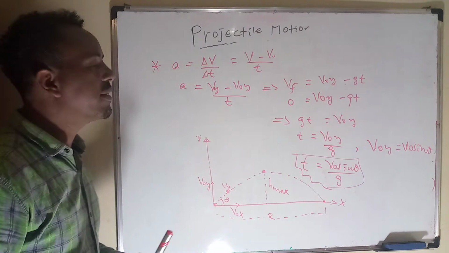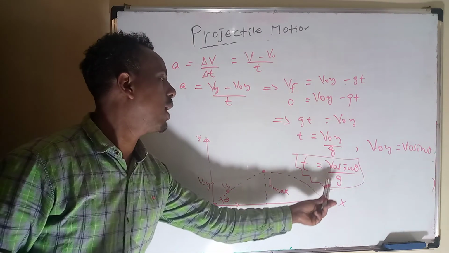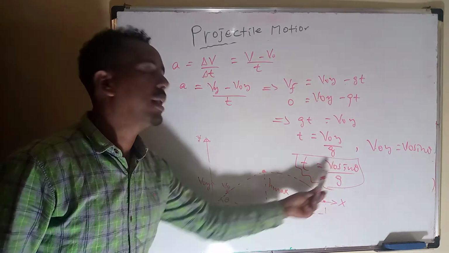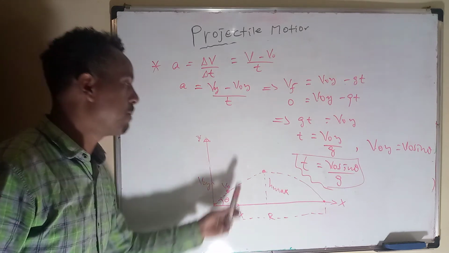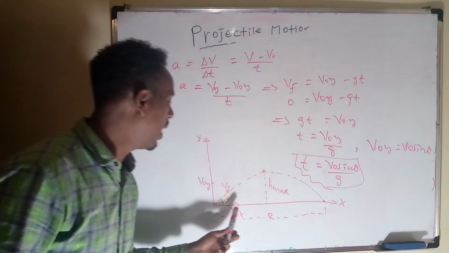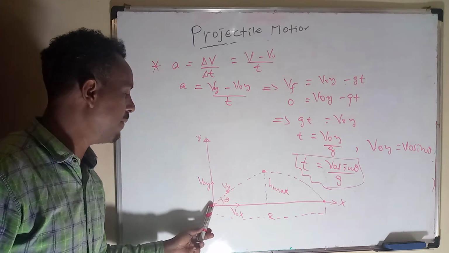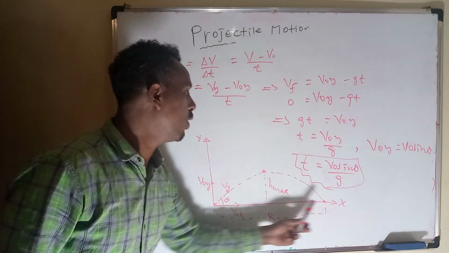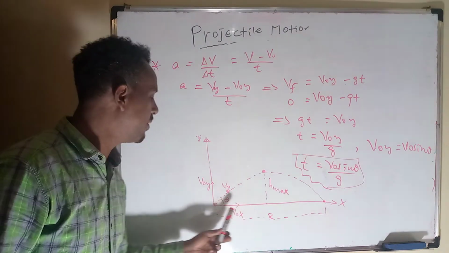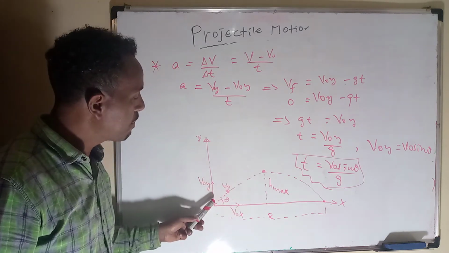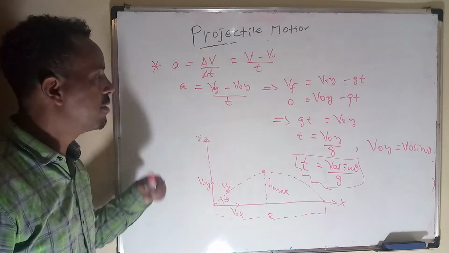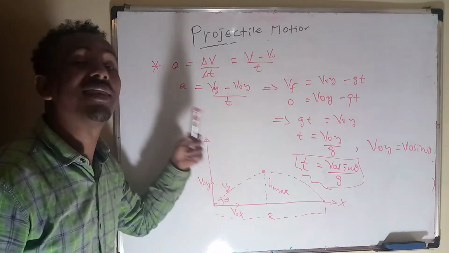to reach maximum height, which is equal to v initial, the initial velocity at which the ball is projected, times sine of theta, where theta is the angle between the horizontal axis or x-axis and the line or the path followed by the projected body. This is trajectory.